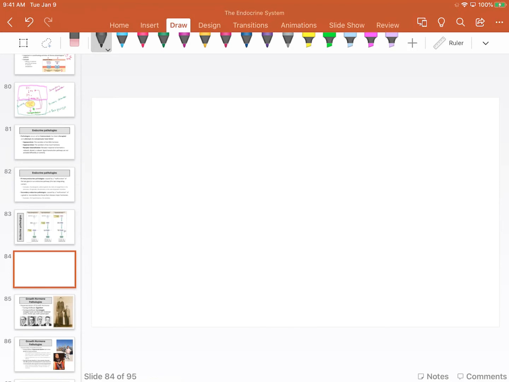But let's play a little bit of what if. Let's imagine I'm going to draw a little square that's going to represent my hypothalamus.